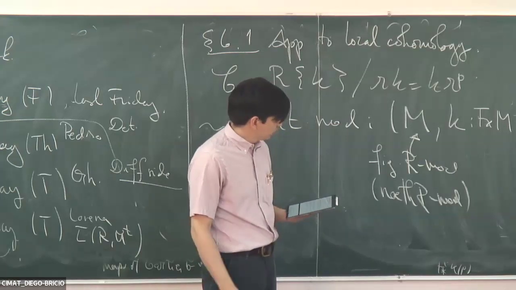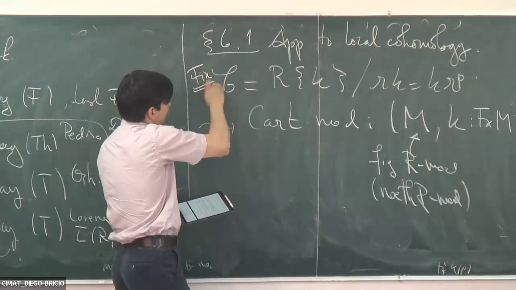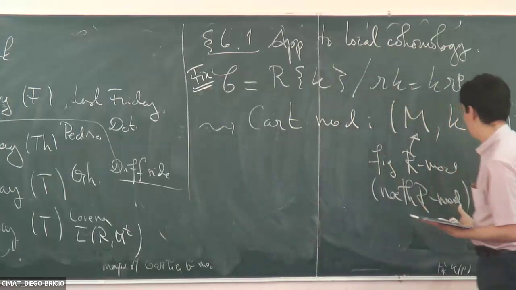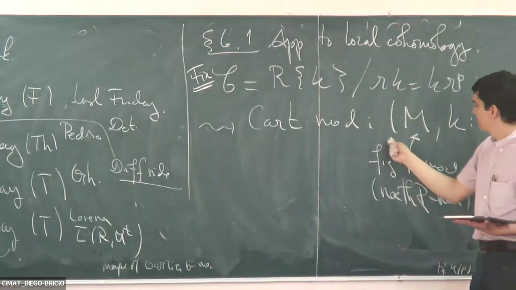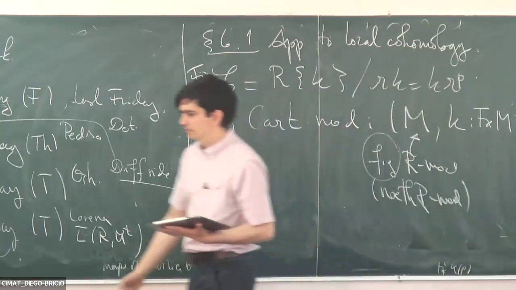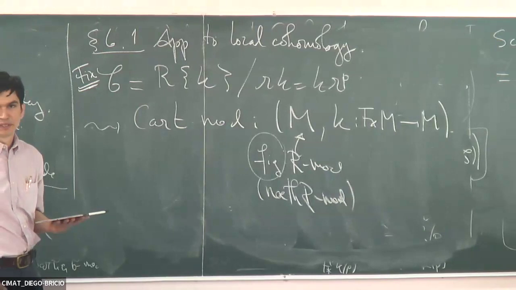But anyway, if we work with this Cartier algebra, then a Cartier module is the same thing as choosing a finitely generated R-module. Remember that we always impose this condition, and the reason is that it is going to be a hypothesis in every single theorem.